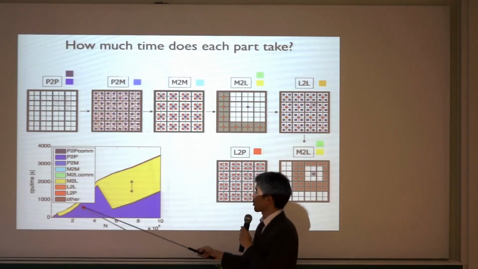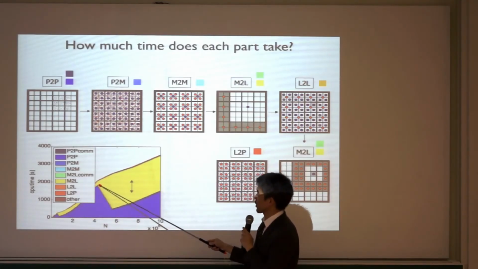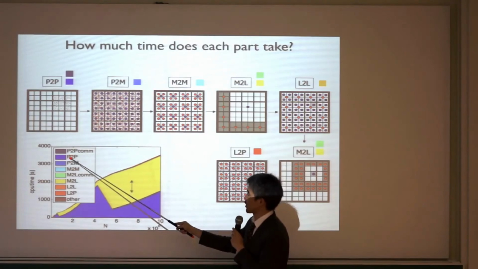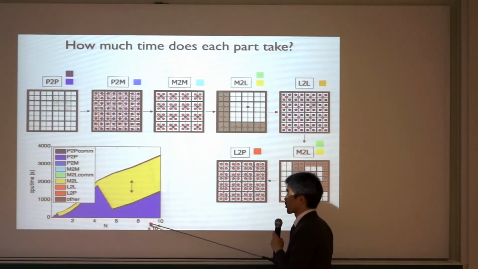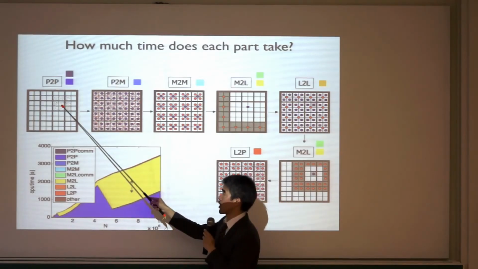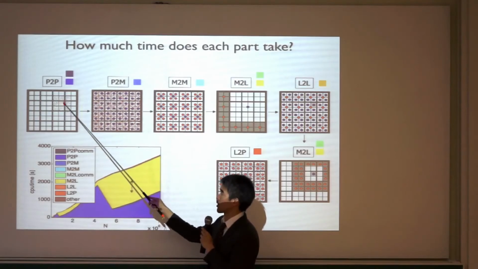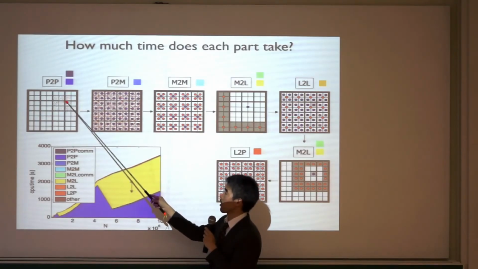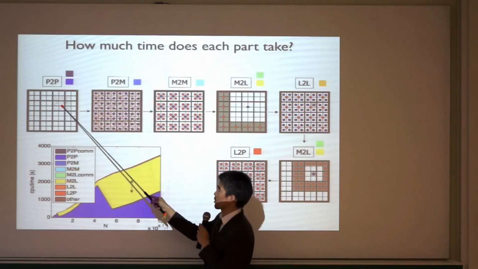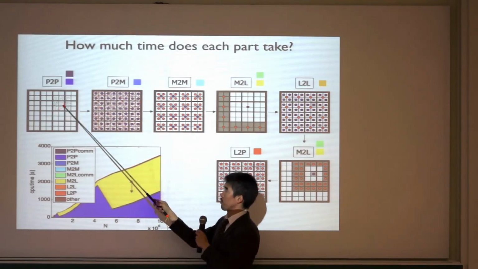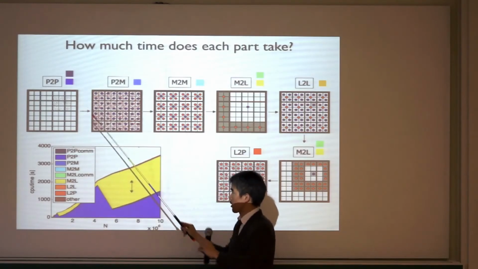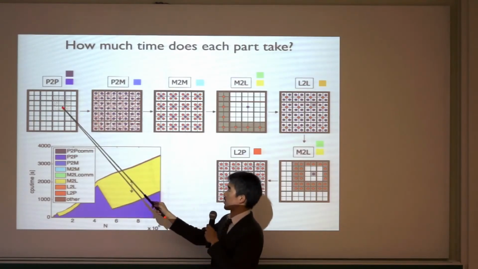So what's the key here? The first thing to know is this P2P: when you increase n, the number of particles, without changing the level of the tree, what happens? The number of particles per box increases. Let's call the boxes at the bottom of the tree the leaf boxes, because the limbs of the tree are leaves.